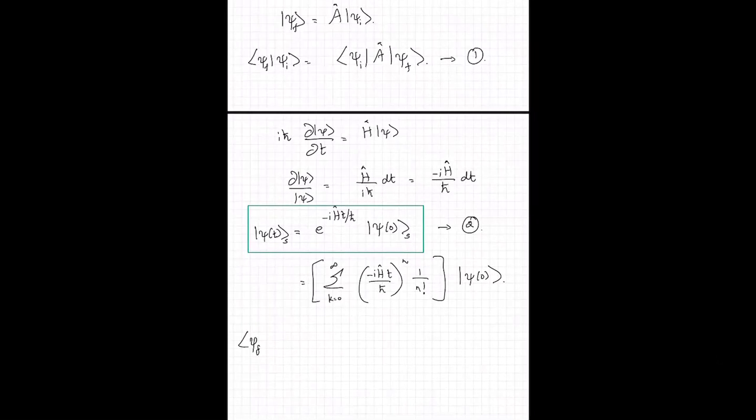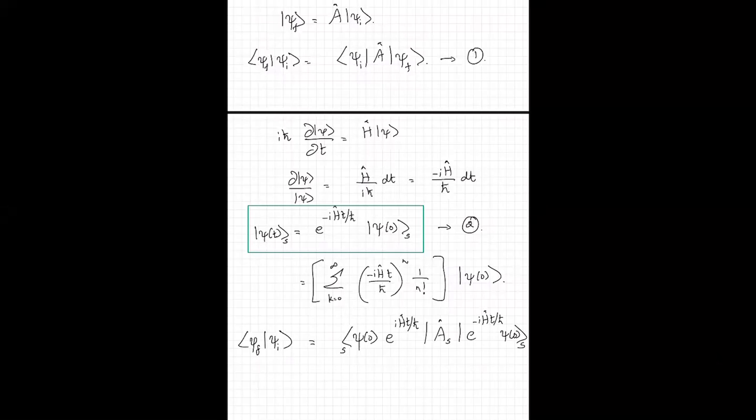The amplitude for a state to go from an initial state psi i to a final state psi f through the action of some Hermitian operator A is given by the bra psi f, so psi 0 Schrodinger, e to the plus i H t over h bar, since this is the bra. A, since this is Schrodinger picture, I will again put A_S, e to the minus i H t over h bar.